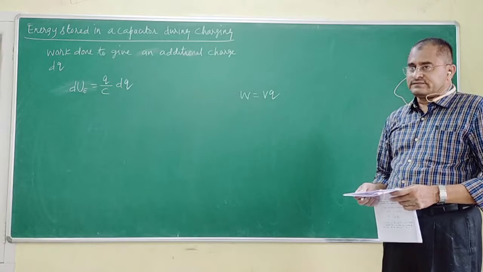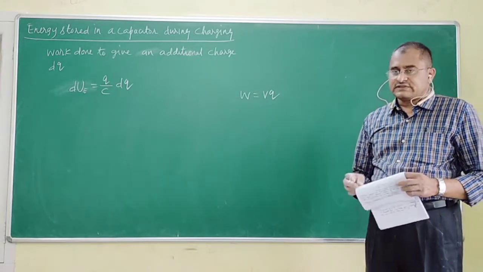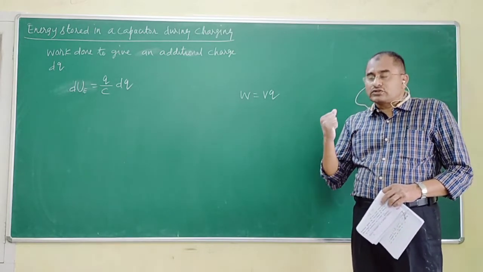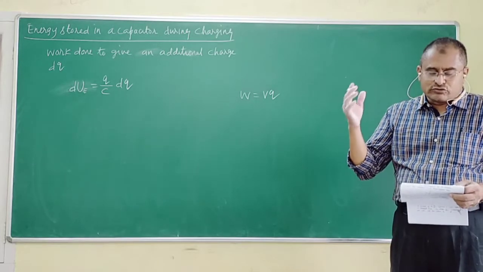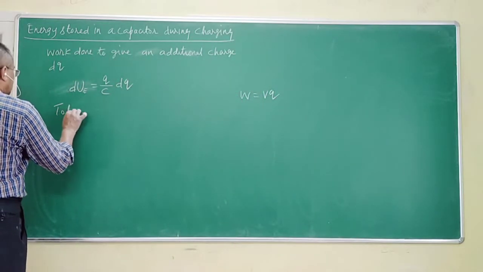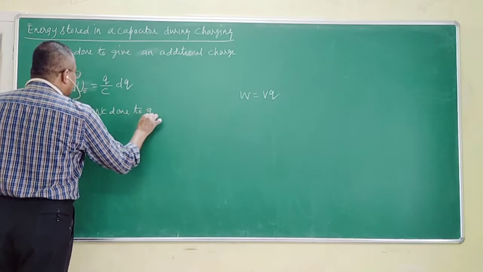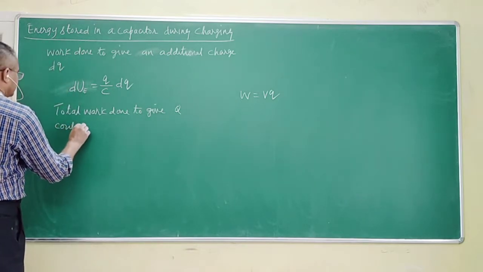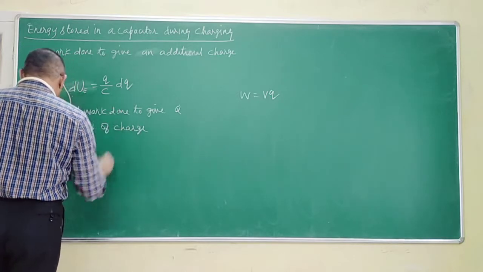This work done will definitely increase the potential energy in the system, and therefore we have to find out what is the total work done when you give a total of capital Q coulombs of charge. Therefore, total work done to give Q coulombs of charge, all that you have to integrate this.